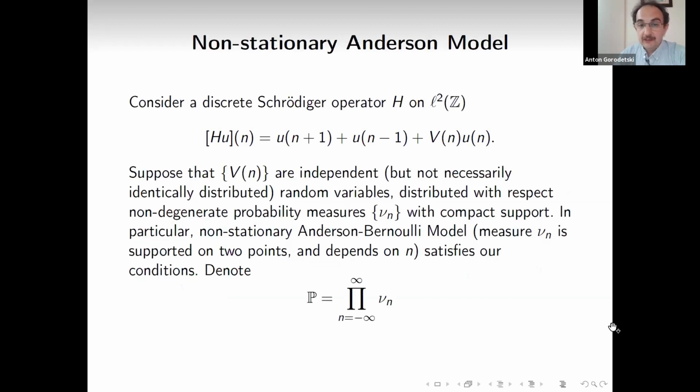So what happens if we take a potential that is given by random variables that are independent but not identically distributed? Notice that this setting is totally reasonable from the physical point of view, because it's completely reasonable to consider matter where you have some background potential, say periodic potential or whatever potential, which is fixed, and then you add some random noise to that potential.